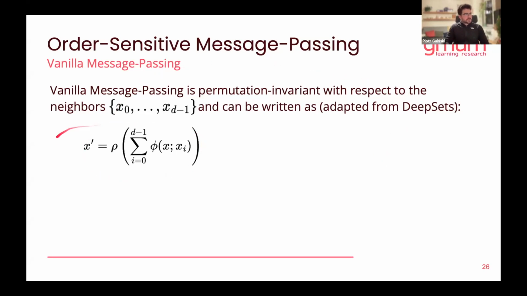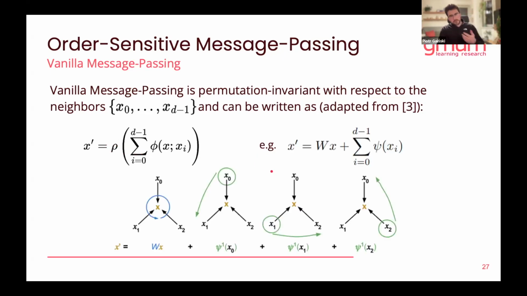And it turns out that it can be written in this form: you have a message function that takes the central node and the neighbor node, then you have a summation of those messages, and some function rho. Here is another example of such a network, where we have a very straightforward rho function and a function that takes only the neighbor.